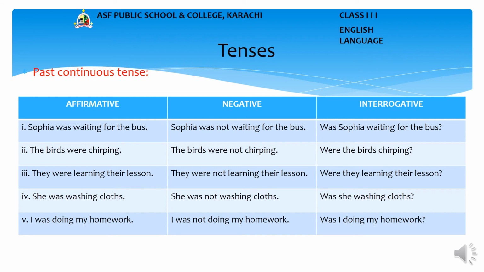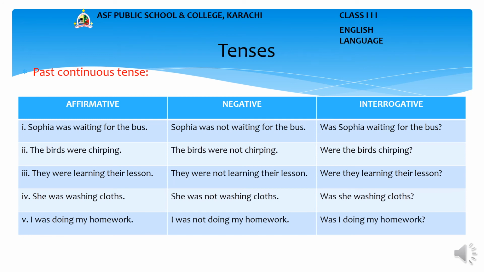Look at the interrogative sentence. Were the birds chirping? We use were at the start of the sentence and at the end we write a question mark. Students, the remaining three sentences have the same structure that I have taught you in examples number 1 and 2.